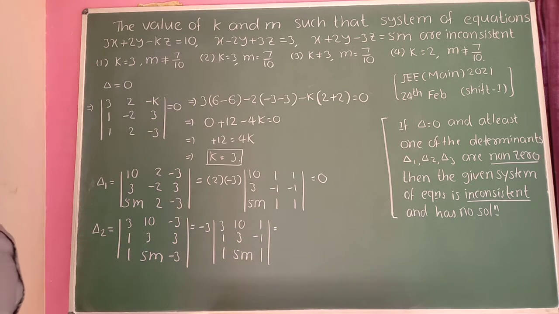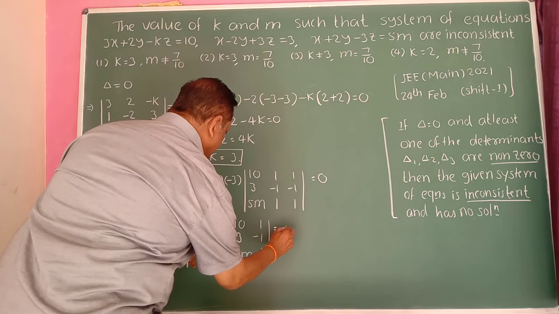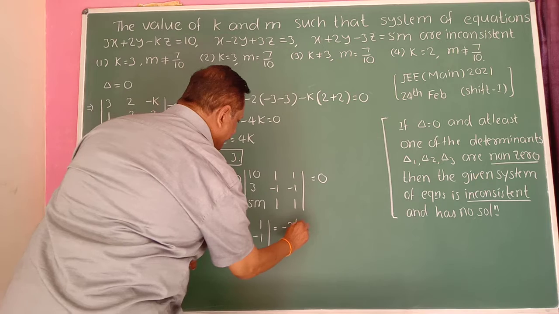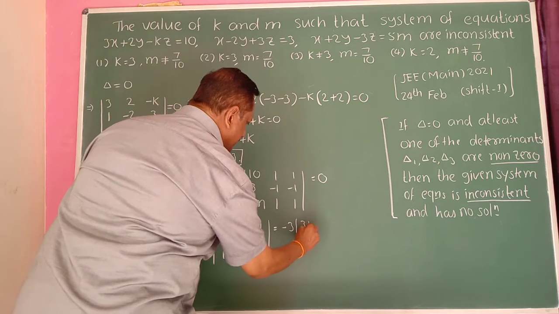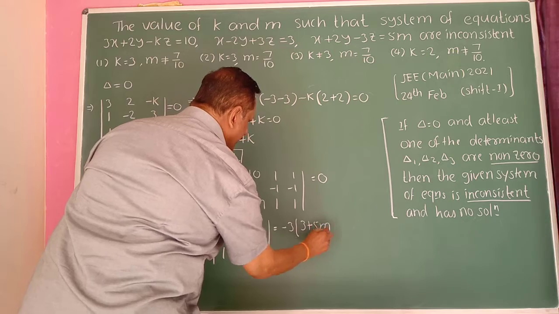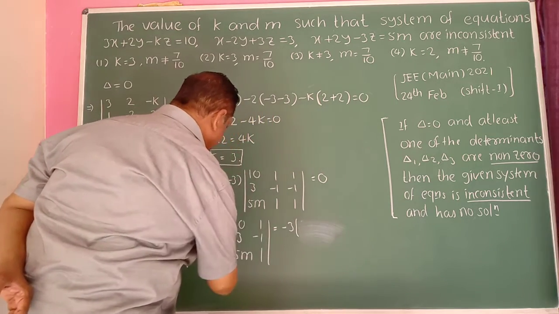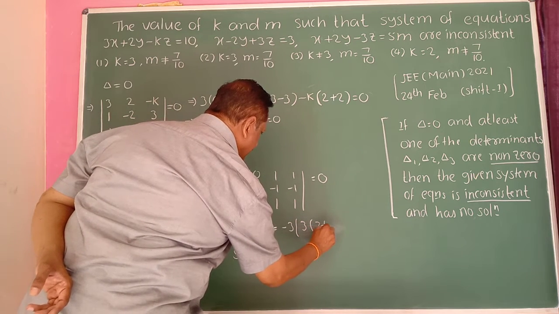Then I expand it here. We can write minus 3 into bracket: 3 into (3 ones are 3, minus 5m into 1 is 5m, minus minus plus 5m), so 3 into (3 plus 5m).